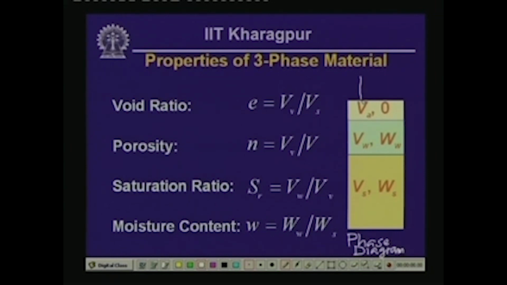Here on the left are the volumetric measurements, the volumetric composition of each individual phase, and the gravimetric composition, or the weights of these phases, are shown on the right of this phase diagram.